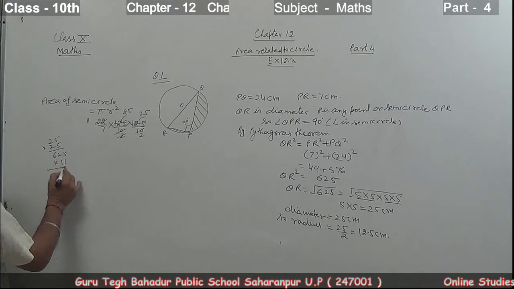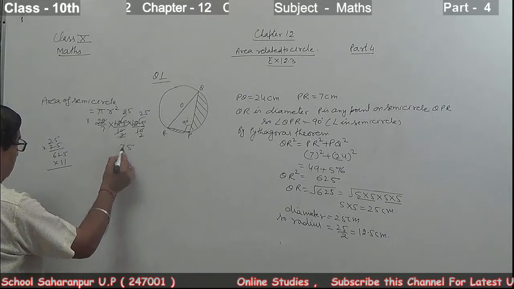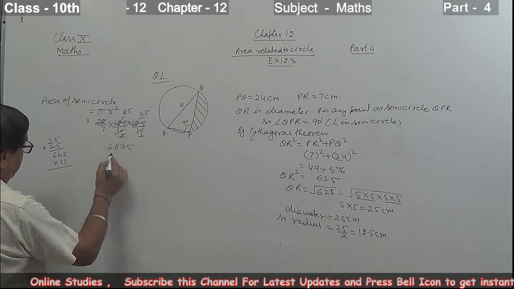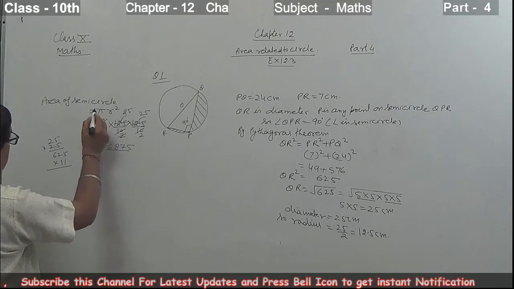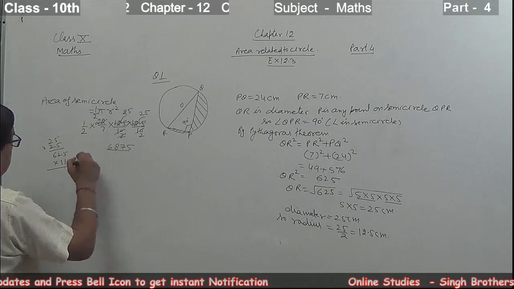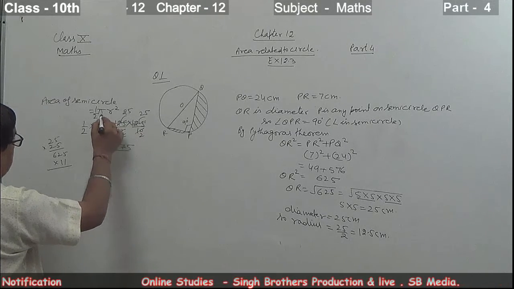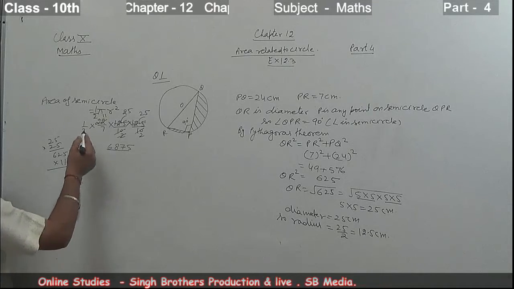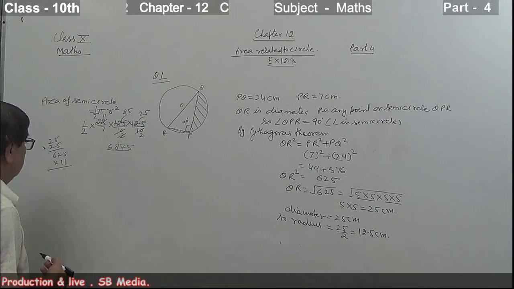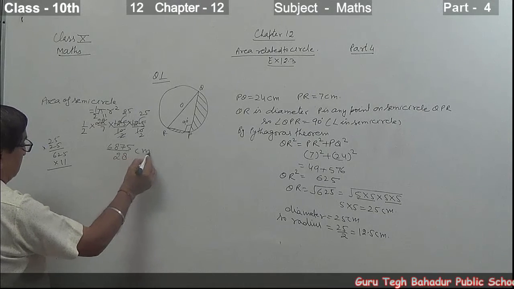Multiply with 11. 11 5 ja 55, 11 2 ja 22 and 5 27, 11 6 ja 66 and 2 68. Area of semicircle, sorry, it will be half pi r square, so it will be 6875 upon 28 centimeter square.